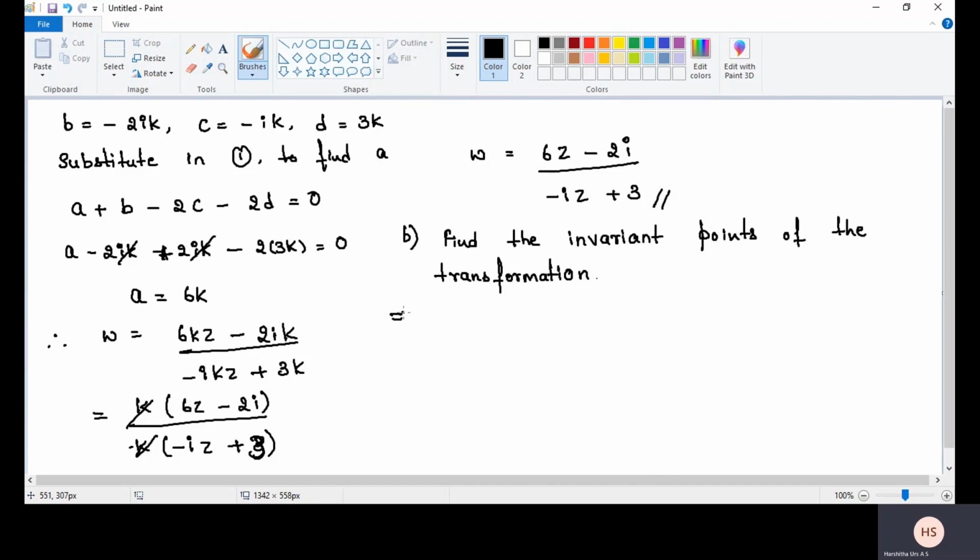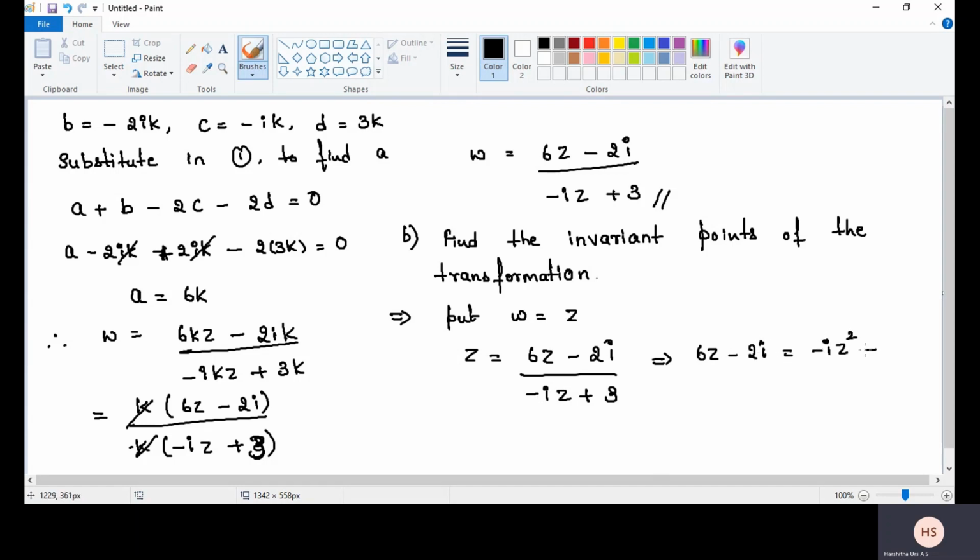So here when they ask for invariant points or fixed points of the transformation, we have to substitute w is equal to z. So z is equal to 6z minus 2i divided by minus iz plus 3. Cross multiply: 6z minus 2i is equal to minus iz square plus 3z.